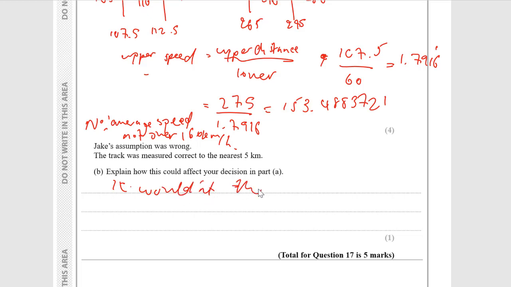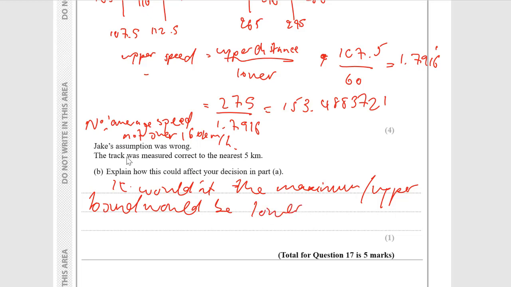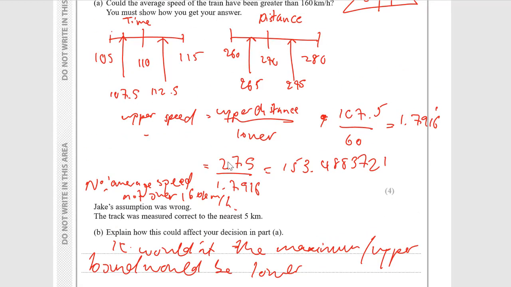The maximum upper bound would be lower, because the track was measured correct to the nearest 5 kilometers. So that means that you'd actually be dividing by a larger number, so your upper speed would be a lower value.